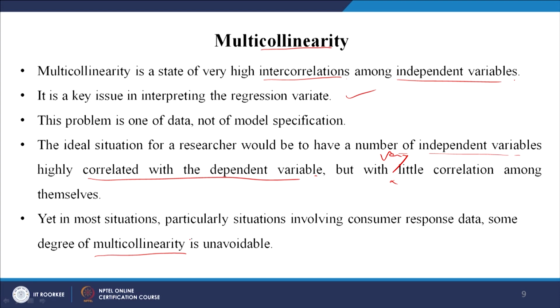Why? Because consumer response data is from the social science area, and many of the questions we ask in social science are very close to each other. Sometimes the respondent does not understand and feels one question is like the other, or there is a very thin line of difference. That is why this problem of multi-collinearity can occur.